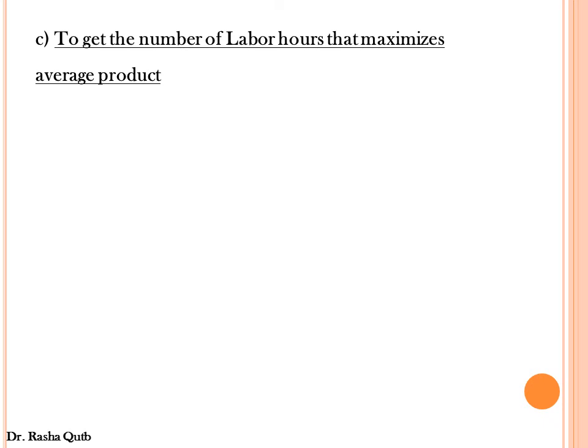Third, he asked to get the number of labor hours that maximize average product. In this case, in order to maximize average product, we will get the first derivative of average product with respect to labor and equate this to 0.